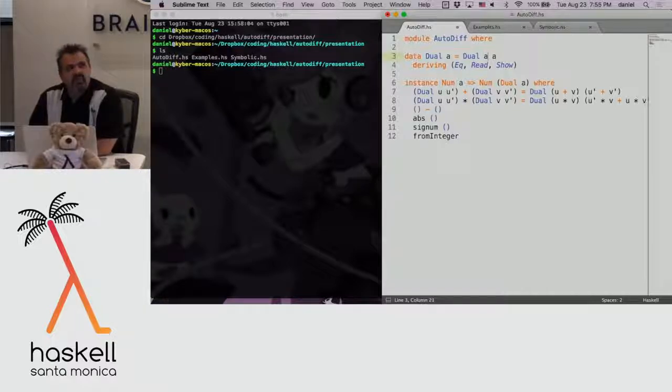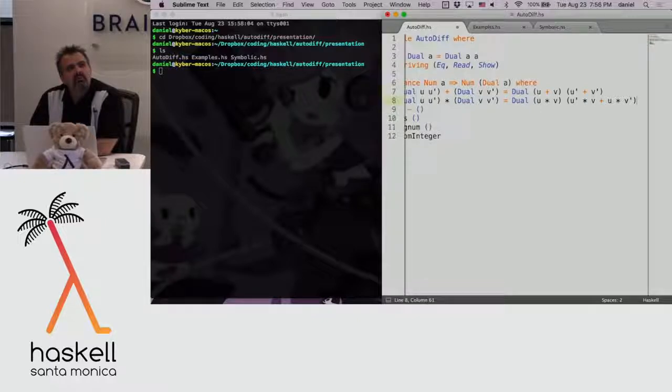It's keeping track of a number. Why a number? Well, if A is a number, it's keeping track of a number, and it's keeping track of another number, and the first number is going to be added and multiplied in the way that normal numbers are. But the second numbers are going to be added and multiplied according to the derivative rules.